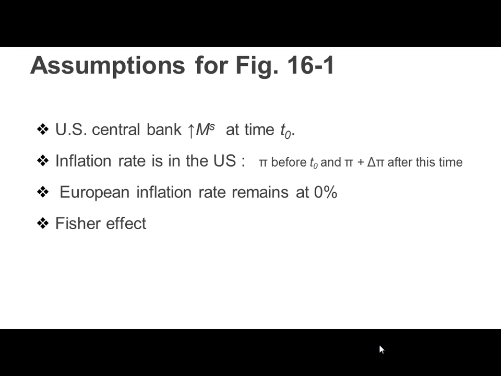Whilst the US inflation rate rises, the European inflation rate will remain constant at 0%. And the Fisher effect will also work in this example, where the relationship between the interest rates and the inflation rate is that when inflation rises, the interest rate will also rise.